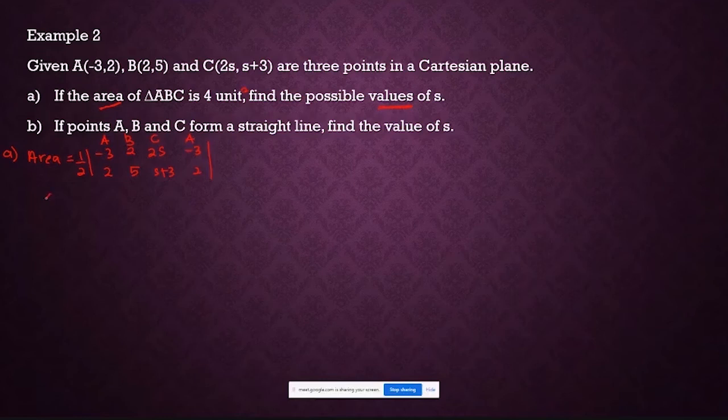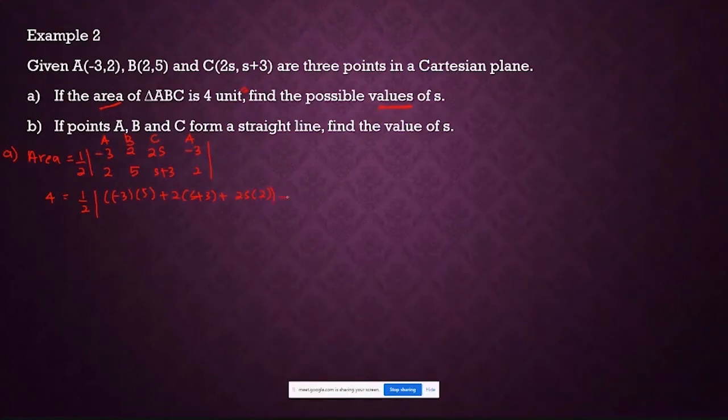Given the area is 4, so 1 over 2 of the modulus. The first pair is -3 times 5, plus 2 times (s + 3), plus 2s times 2.